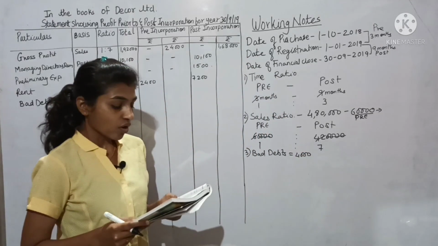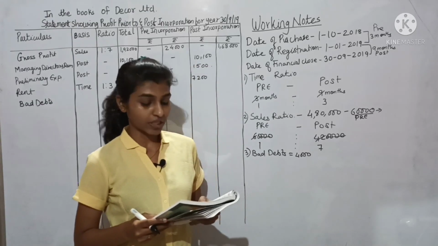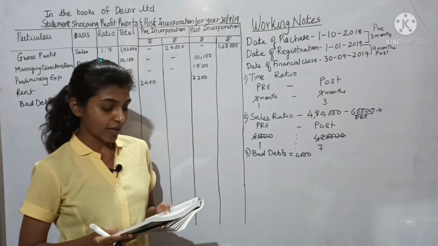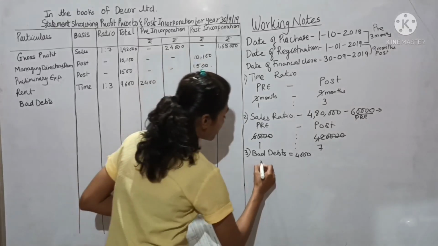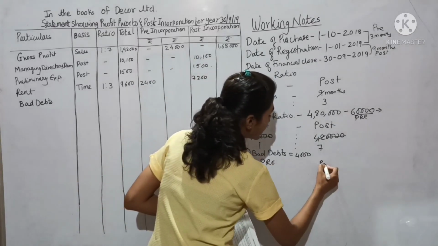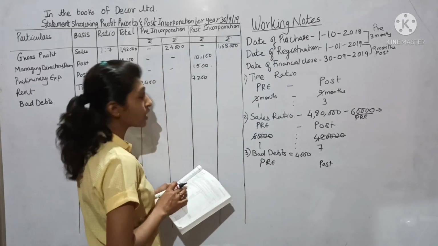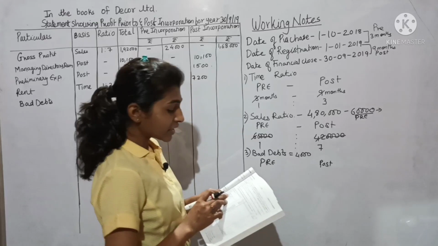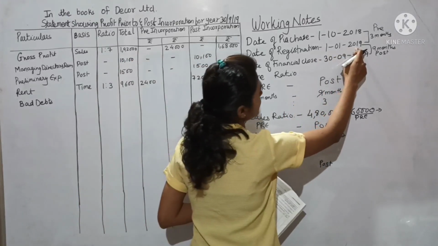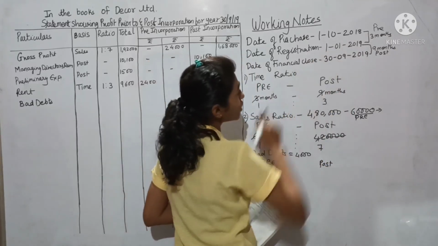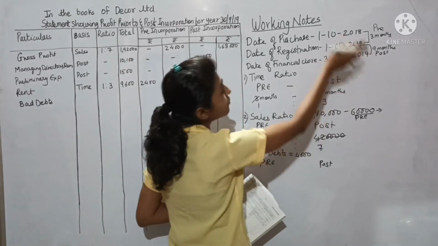Okay, and down it is written that of which 1,400 related to book debt created before 1st Jan 2019. So pre and post. Total bad debts are 4,000 and they are saying that 1,400 are related to before 1st Jan 2019, which is the date of incorporation, and this 1,400 is created before incorporation.